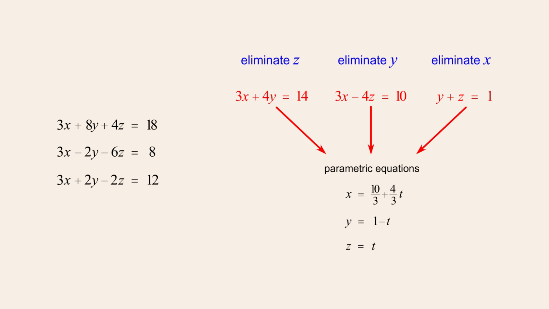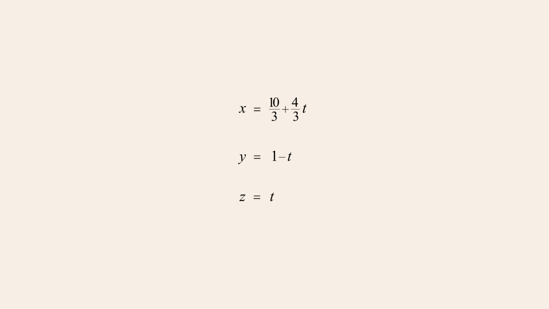It is important to remember that there are an infinite number of parametric equations which can describe the same solution set. In fact, we would have ended up with different parametric equations if instead of setting z equal to t, we had set x equal to t or y equal to t.